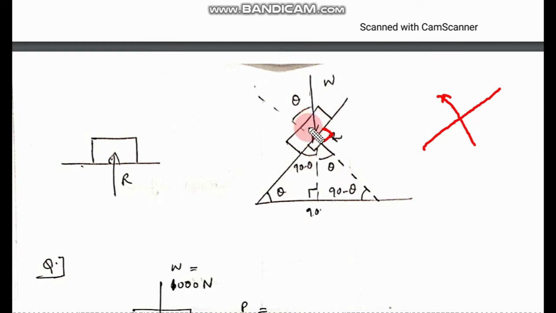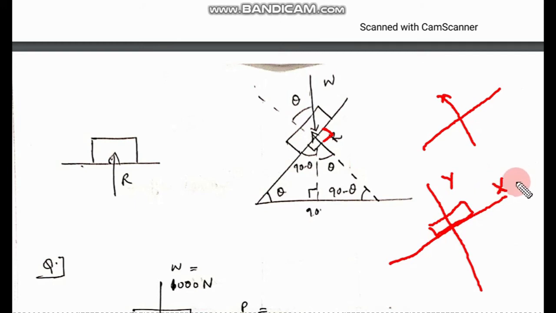When you have an inclined body like this, one thing you should remember is, since the body is inclined, its x-axis and y-axis are also inclined. This will be the y-axis, this will be the x-axis. We can mark both passing through the center. I have marked this x-axis towards down, so mark it to the center because it's very difficult to draw on this.